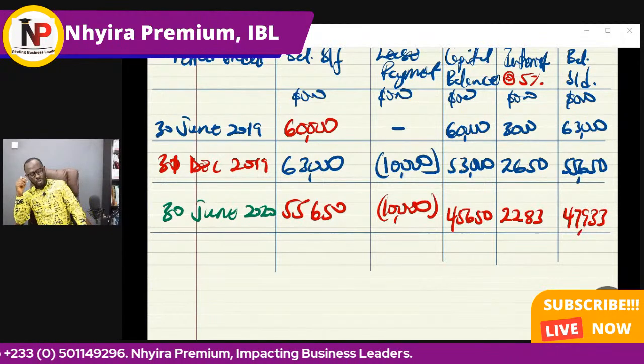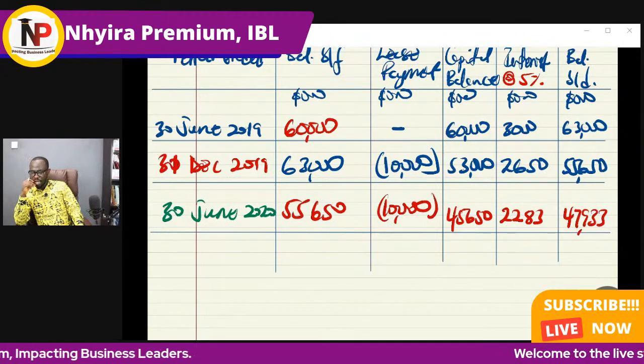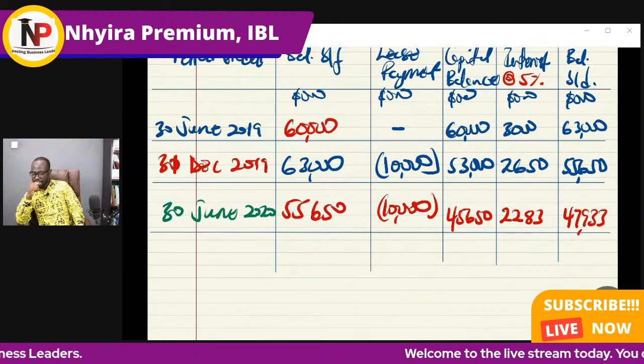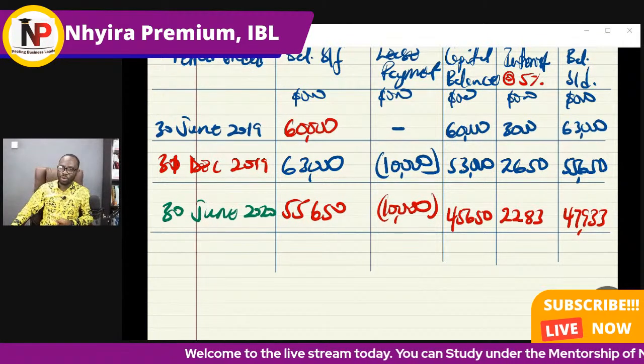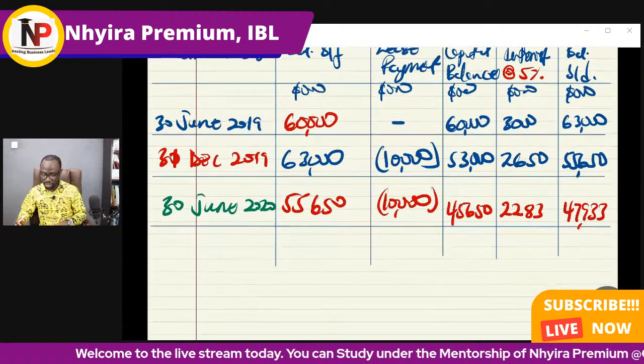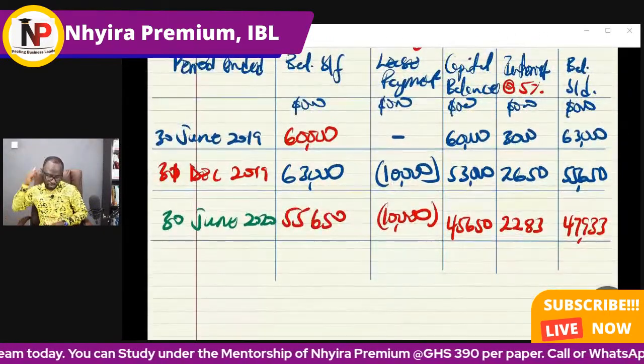Now, when it comes to dealing with issues about payment in the middle of the year, normally issues come up with how we split the amount between current and non-current.